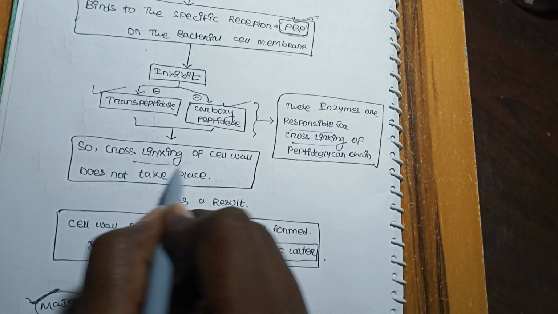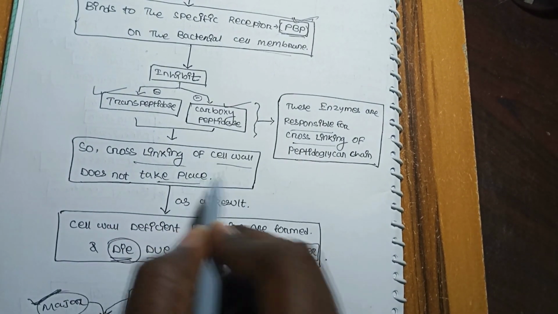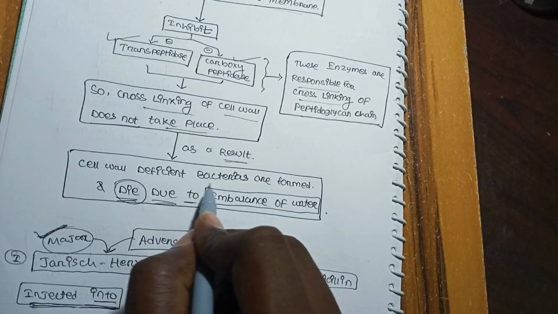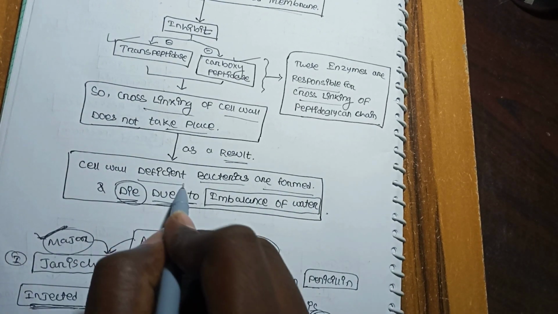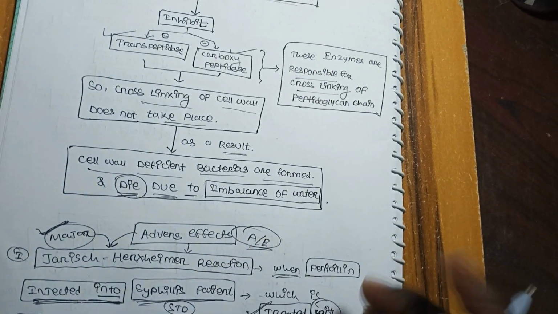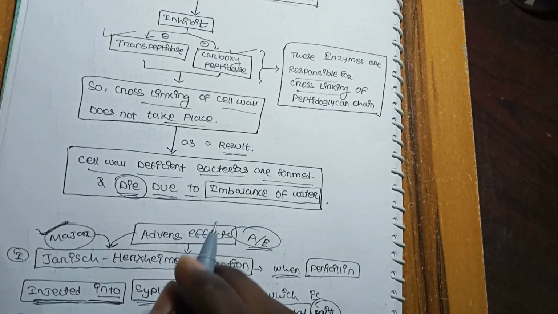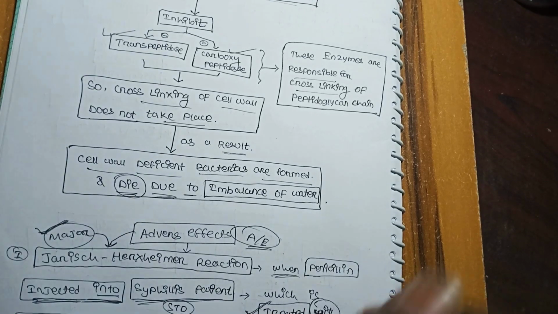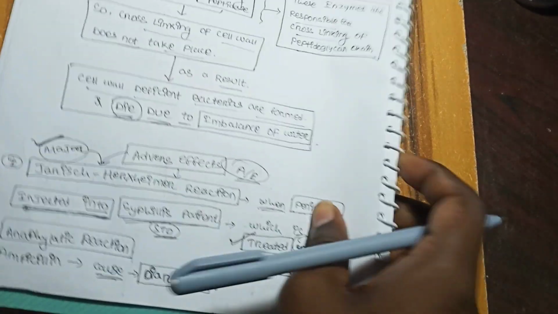So cross-linking of the cell wall does not take place. As a result, cell wall deficient bacteria are formed and die due to imbalance of water. This is the mechanism of action of penicillins.